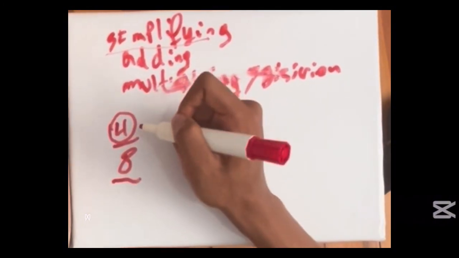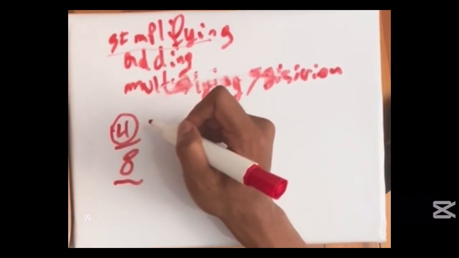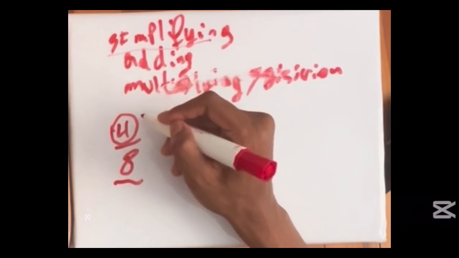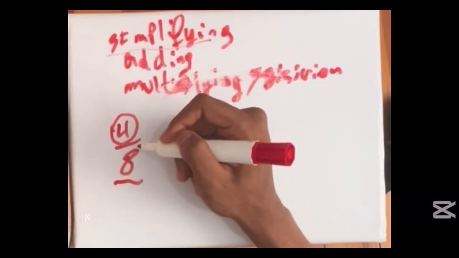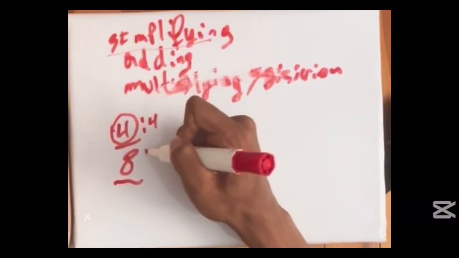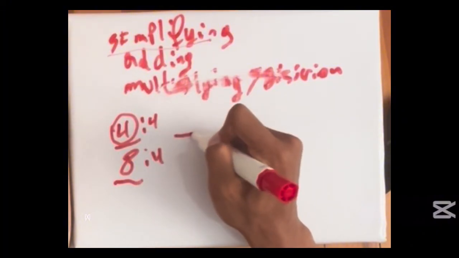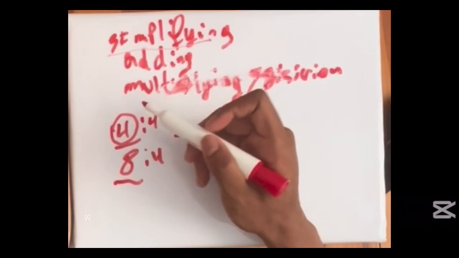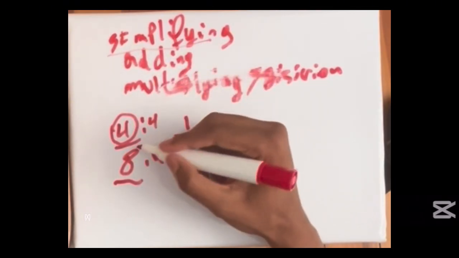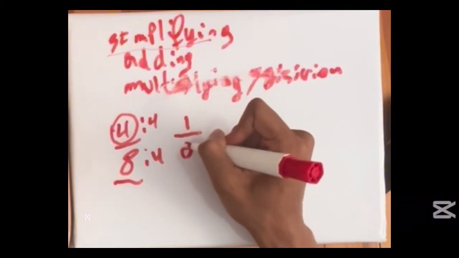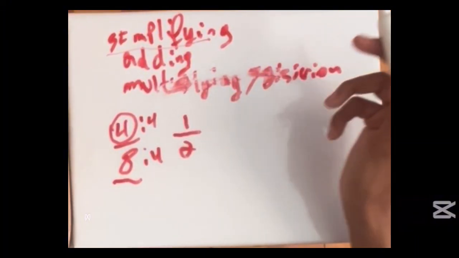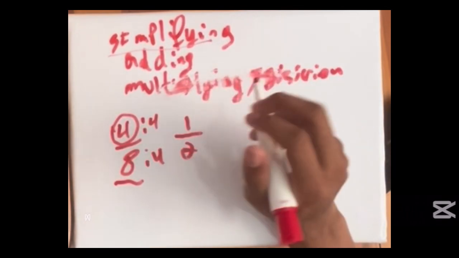So for this specific fraction, you can divide both the top and the bottom by 4, right? So if you have 4 divided by 4, this is going to equal 1. And 4 divided by 8 is going to equal 2. So the simplified form of this fraction is this.